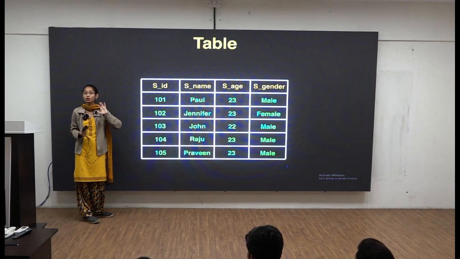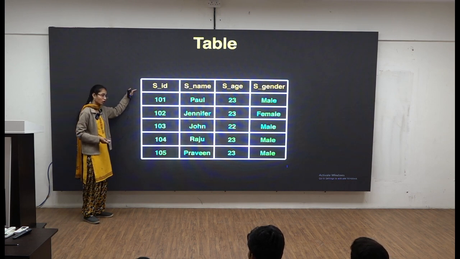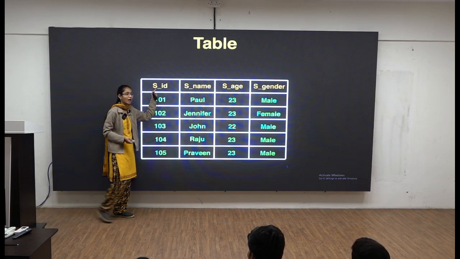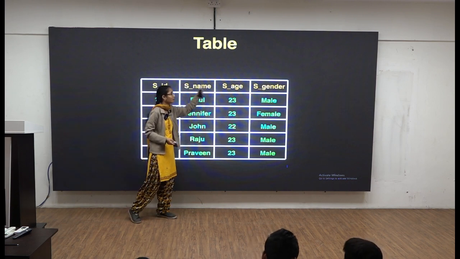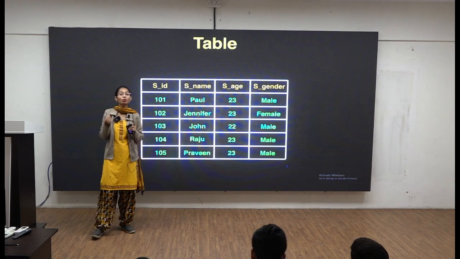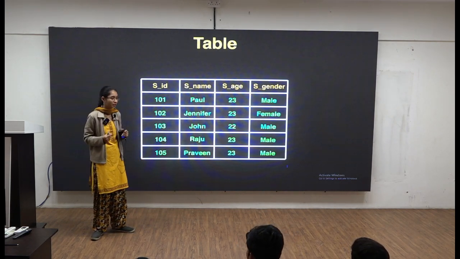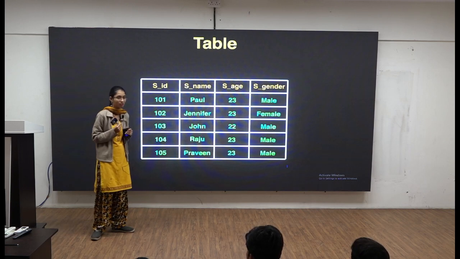So before I start a table, first I have to tell that I am starting with the table. So what tag do we use? The table tag. Inside this row, whatever we have, student ID, student name, student age, gender, these columns are technically called table headers.